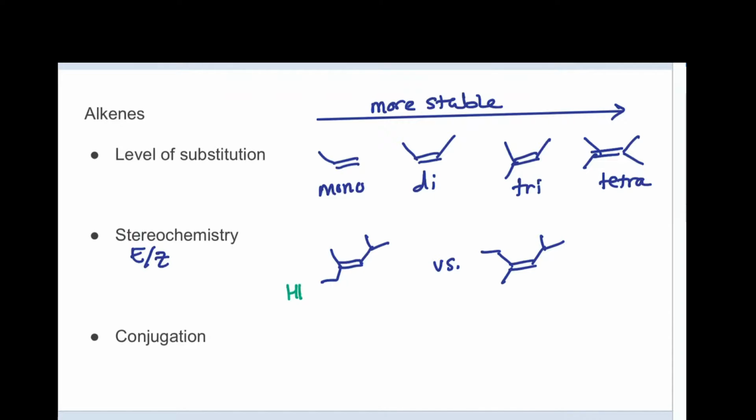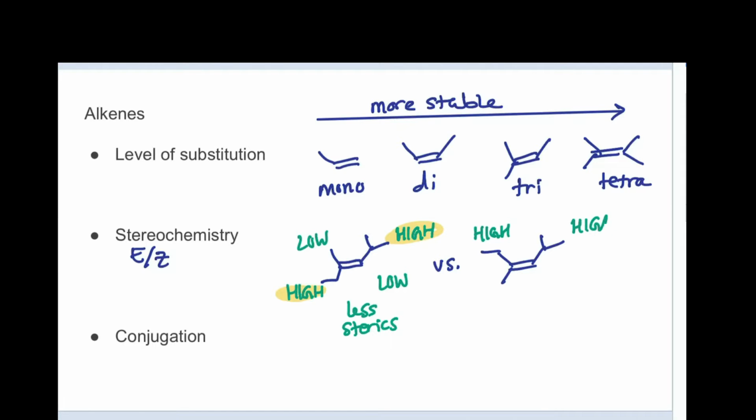On the left-hand side, we've got the higher priority group as the ethyl, lower as the methyl. On the right-hand side, we've got the higher priority as the isopropyl, and the lower is a hydrogen atom. And so we can see that the higher priority groups are on the opposite side of the carbon-carbon double bond. This is favorable because of sterics. There's less sterics in this situation than there is going to be when the high priority groups are on the same face of the double bond.